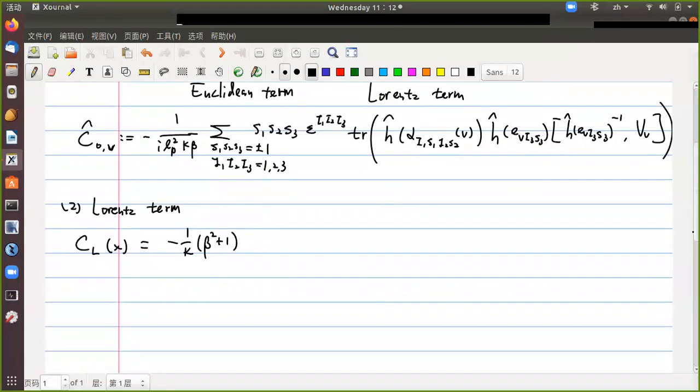I think most of you should remember. Now you replace this minus 1 by 2, and you put a trace between two commutators.